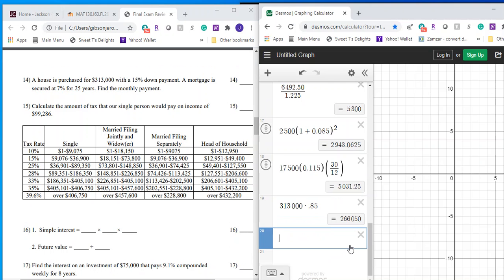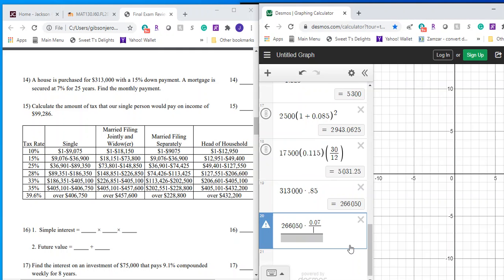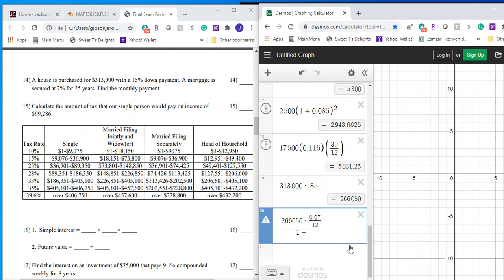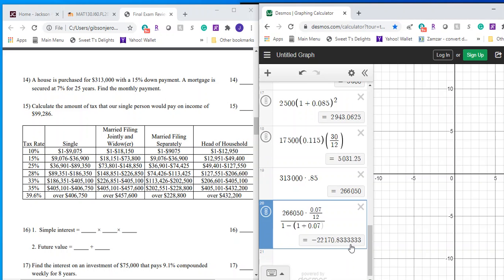So we will have the 266,050, and I'm going to do a division. Then I'm going to complete everything else times 0.07 divided by 12. Now that took care of the numerator. The denominator, we have 1 minus the parenthesis, 1 plus 0.07 divided by 12.